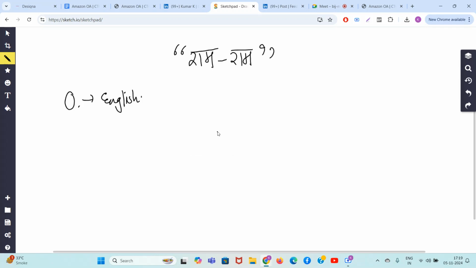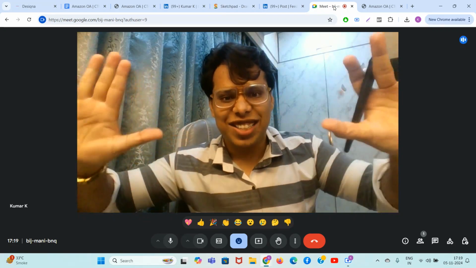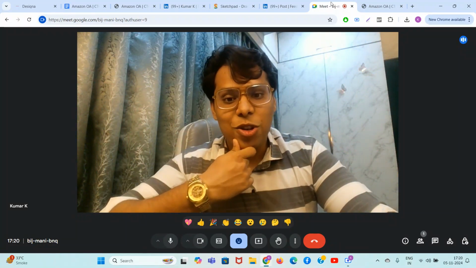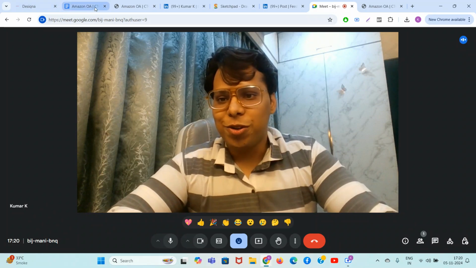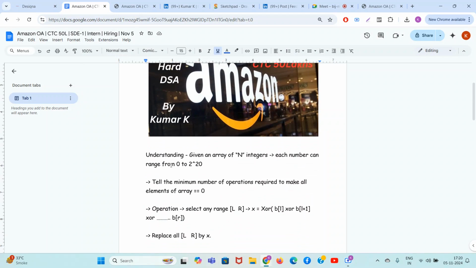Okay, so what they are trying to tell you is that you are given an array of n integers. That's it. Now what to do? Each number in the array can be in the range from 0 to 2 raised to 20. Tell the minimum number of operations to make all the elements of the array 0.